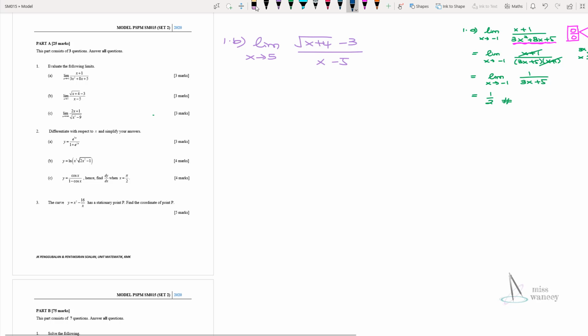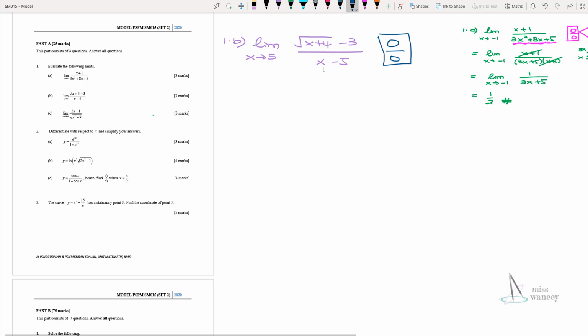Let us see what happens if we substitute x with 5. We get 5 + 4, which is 9, the square root of 9 is 3, 3 minus 3 gives 0. And 5 minus 5 also gives 0. So in the numerator we get 0, and in the denominator we also get 0.